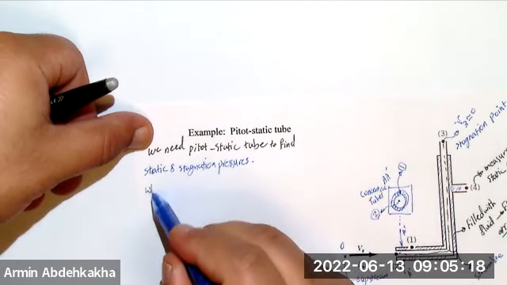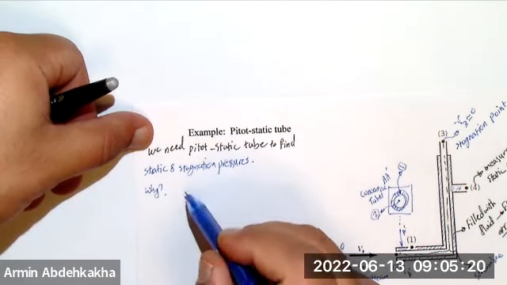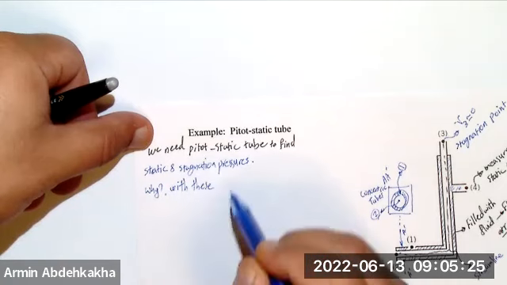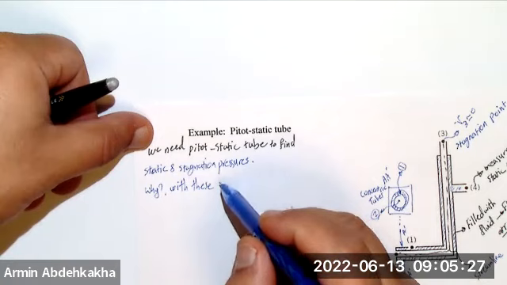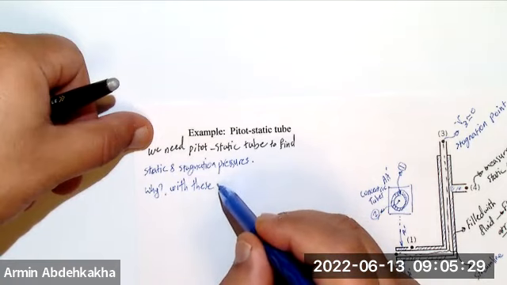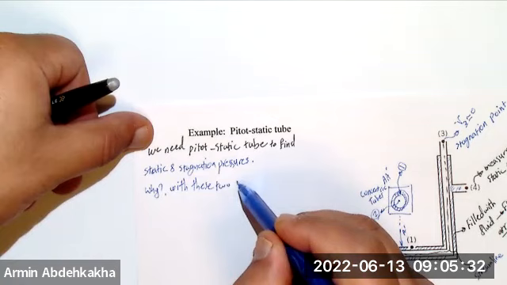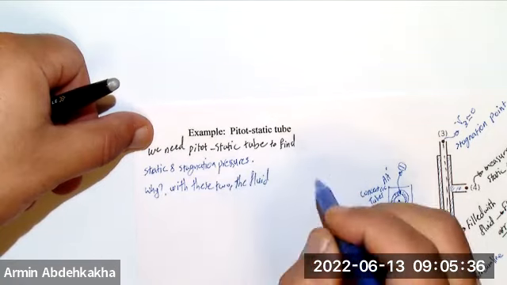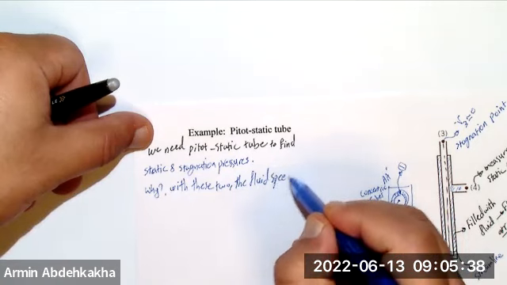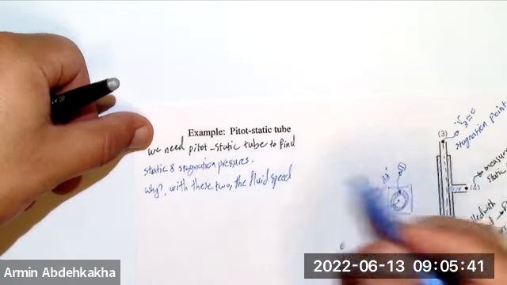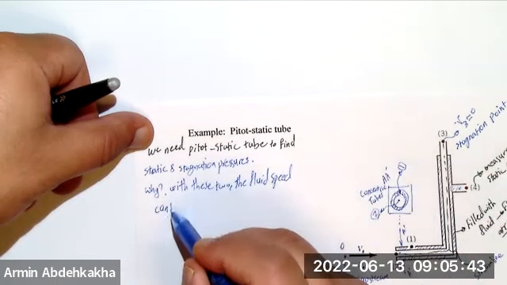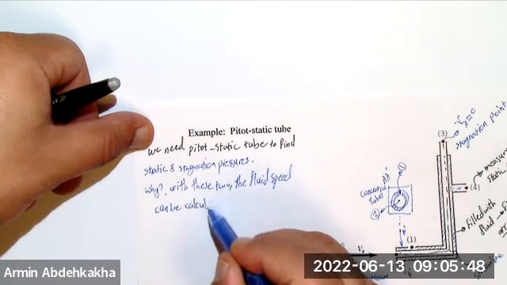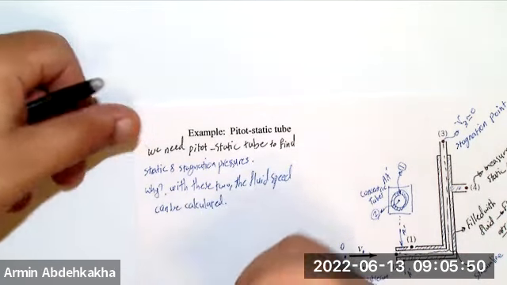Why do we need that? With these two, we can calculate the fluid flow speed. The speed can be calculated. How?